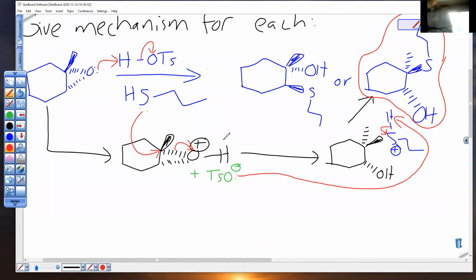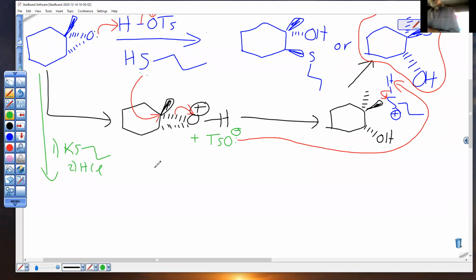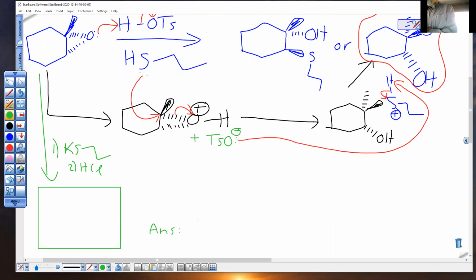In fact, let's just do it. Just pretend that's a box. And the answer for that box is less substituted carbon backside attack.